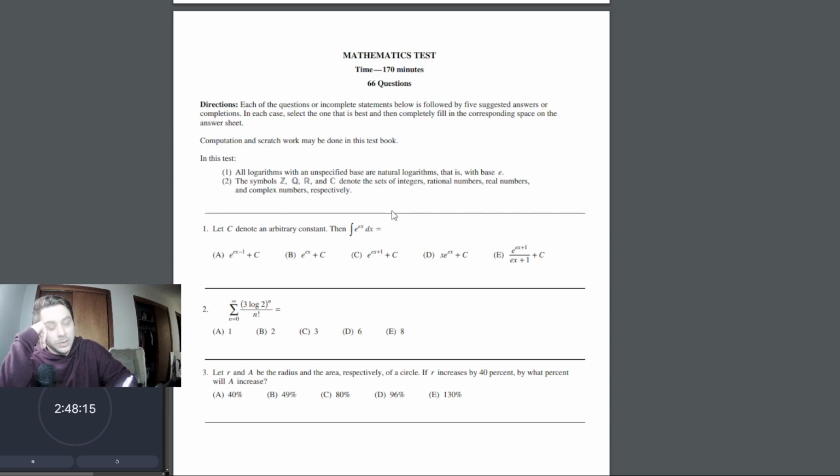If R equals 1.4, then 1.4 squared equals 1.6. Were we supposed to have a calculator? I feel like we're supposed to have a calculator.